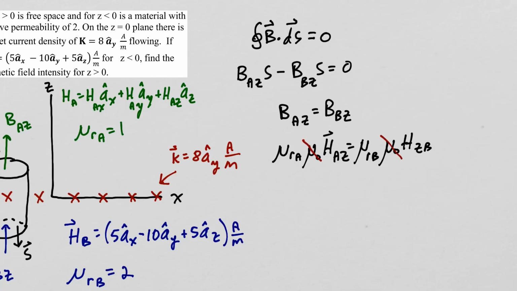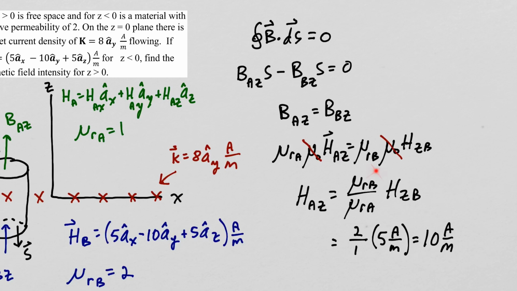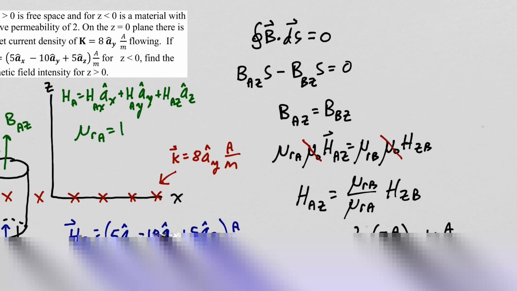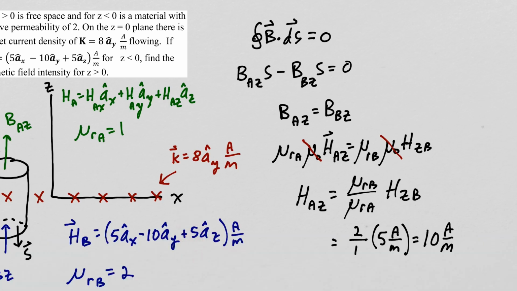And solving for H sub az, we see it's equal to mu sub Rb over mu sub Ra times H sub zb. So substituting 2 for mu sub Rb and 1 for mu sub Ra and 5 for H sub zb, we see that H sub az is equal to 10 amps per meter.